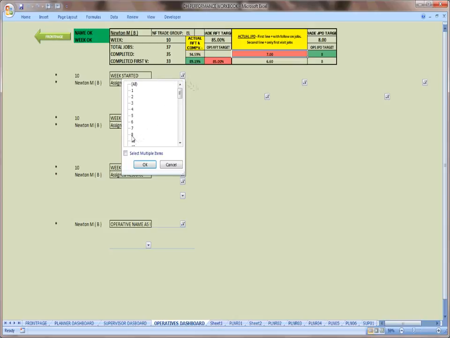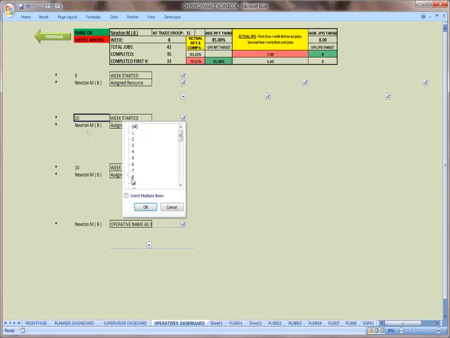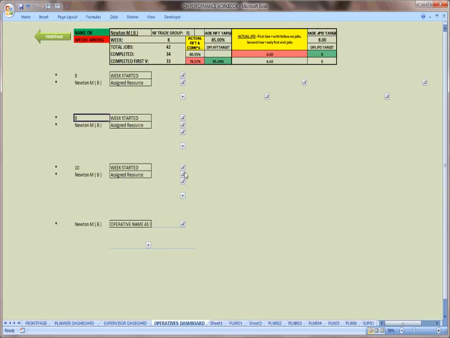But let's just have a look at a previous week. If we go to, say, week 8, now you'll see up here that it's saying weeks are wrong, and that's because that's 8 and that's 10. So we have to make sure and make this all 8, and that's now changed over here back to green.